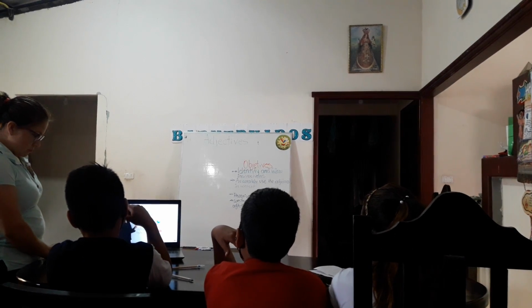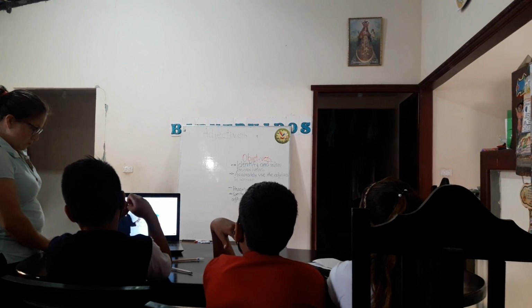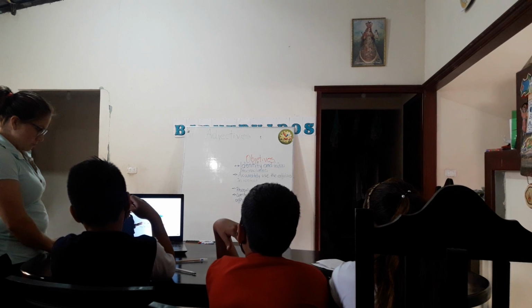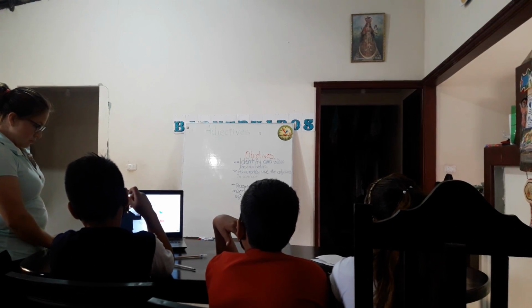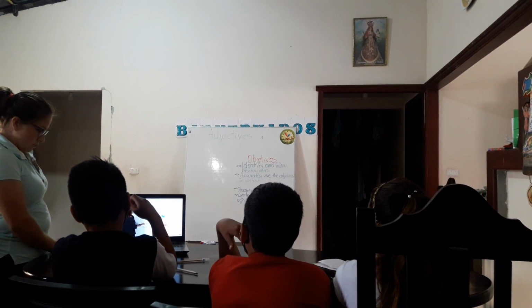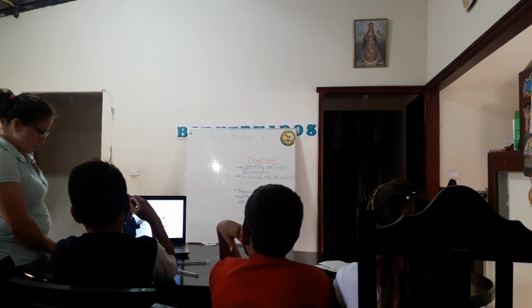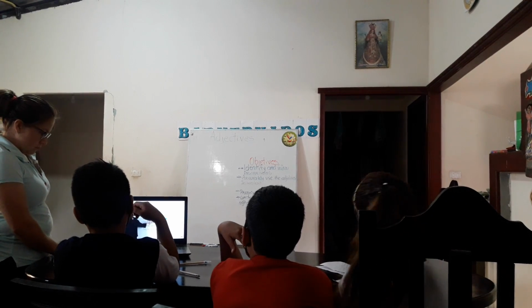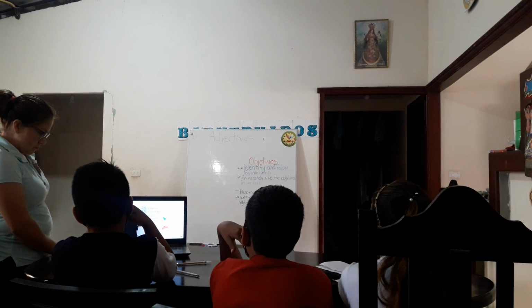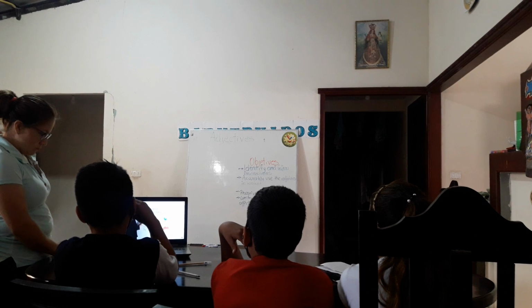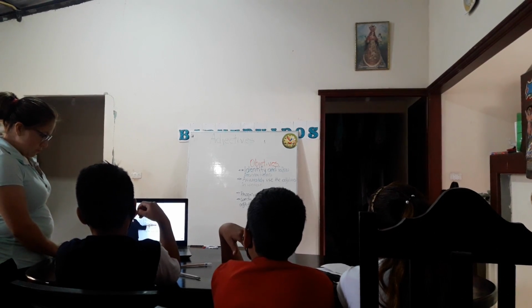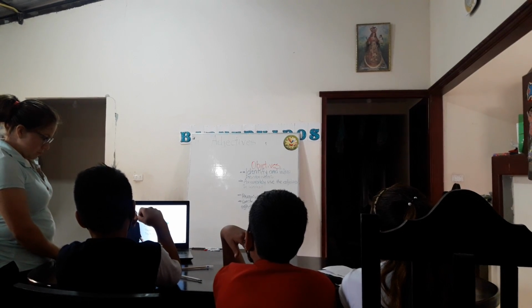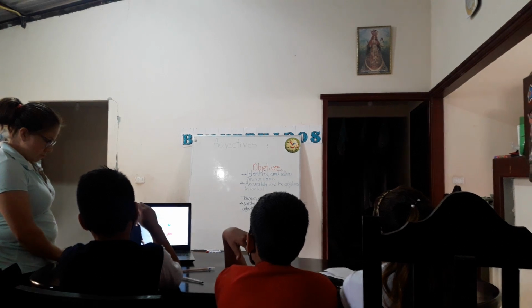Okay, I want to use another adjective to describe the color. So I'm going to say it's a blue bird. Again, you have to put the adjective after the article before the noun. I can also describe its size. It's a small bird. Small is another adjective.